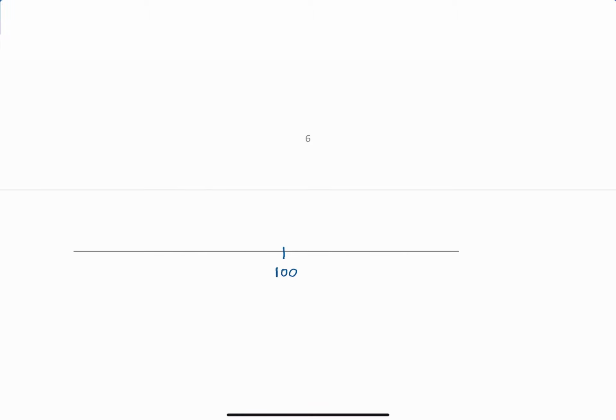We're told that mu is 100 and sigma, the standard deviation, is 20. So going 1 standard deviation away from 100 would bring you to 120. Another standard deviation would be another 20 units. Another standard deviation would be 160 units away.